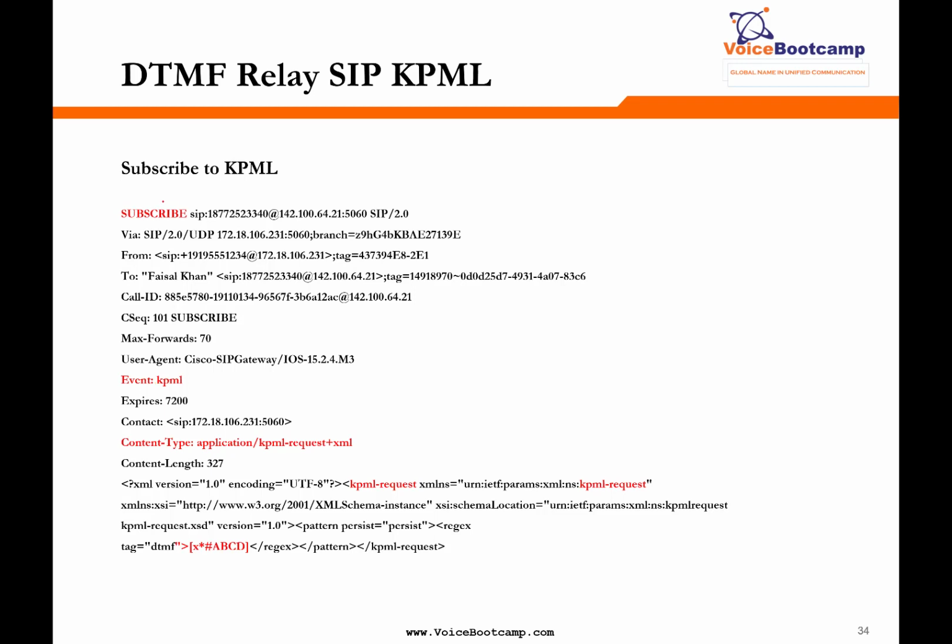So you will see that there will be a packet called subscribe, and you'll see the event is KPML. You'll see the content type being KPML request plus XML, and you'll see the content length is greater than 0.